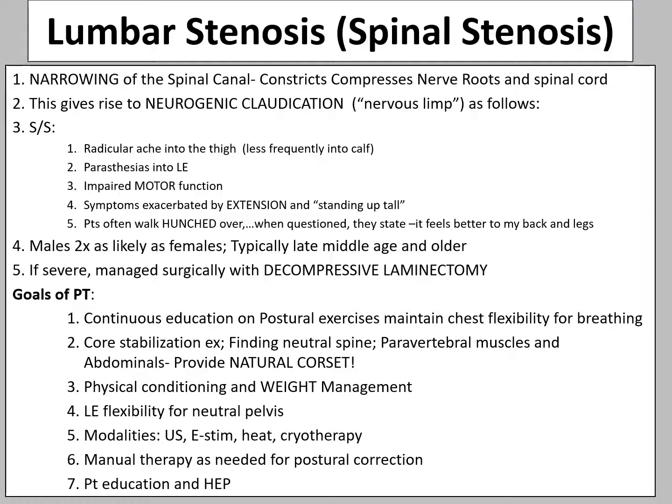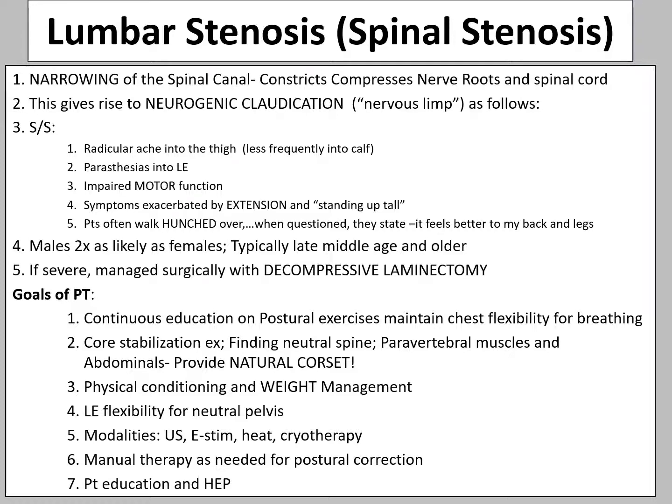In PT, there can be conservative management where they just have physical therapy. And then we're going to do a lot of education talking about postural exercises, looking at core stabilization, trying to maintain that neutral spine, some physical conditioning, even some weight loss so that we'll take some of the pressure off, especially in that flexed posture that they tend to have. Looking at their lower extremity flexibility, if they've been adapting and having a more flexed posture, maybe now they've had some shortening of their hip flexors.